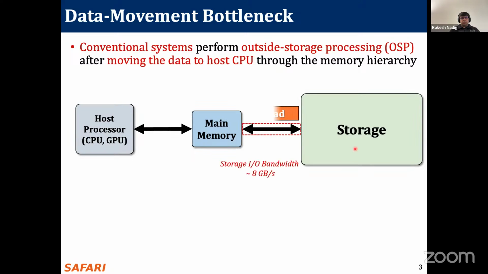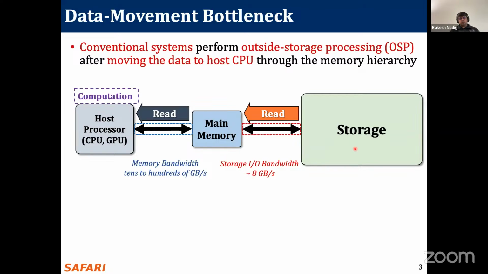When the bulk bitwise operations have to be performed, the operands are read from the storage device to the main memory, and from the main memory to the host CPU or the GPU. Then the computation is performed in the host CPU or GPU, and the result goes back through the memory hierarchy and is stored in the storage device.